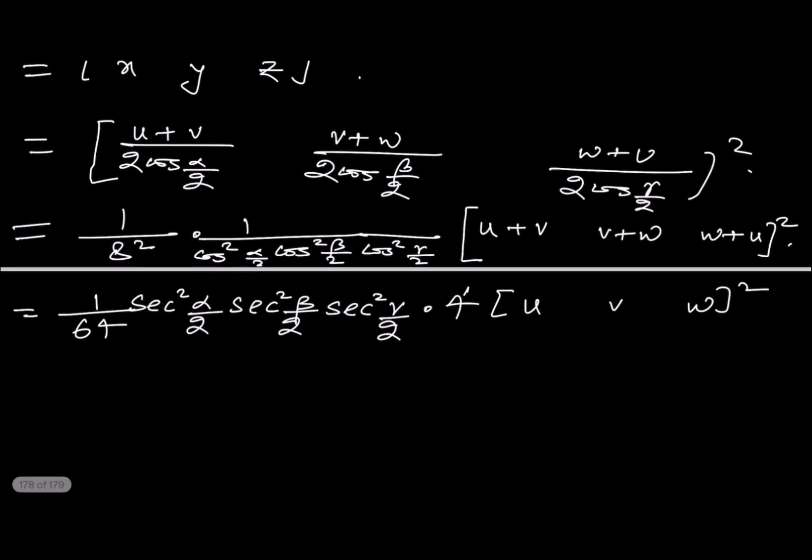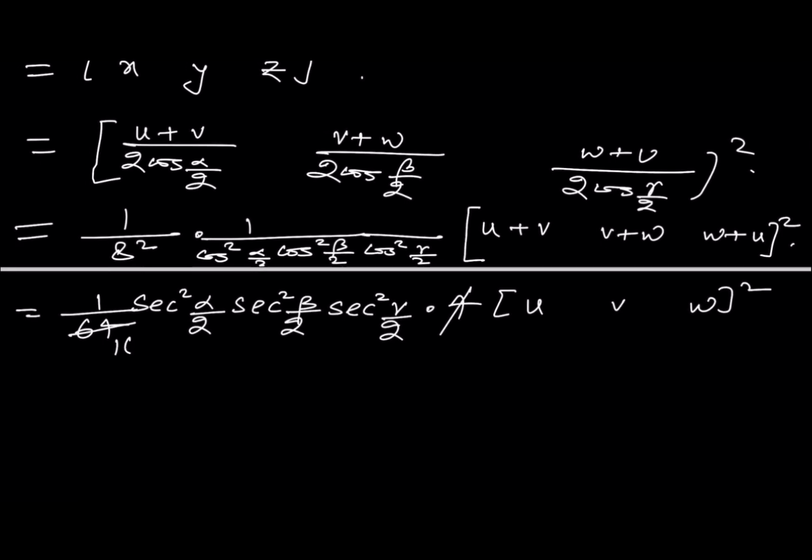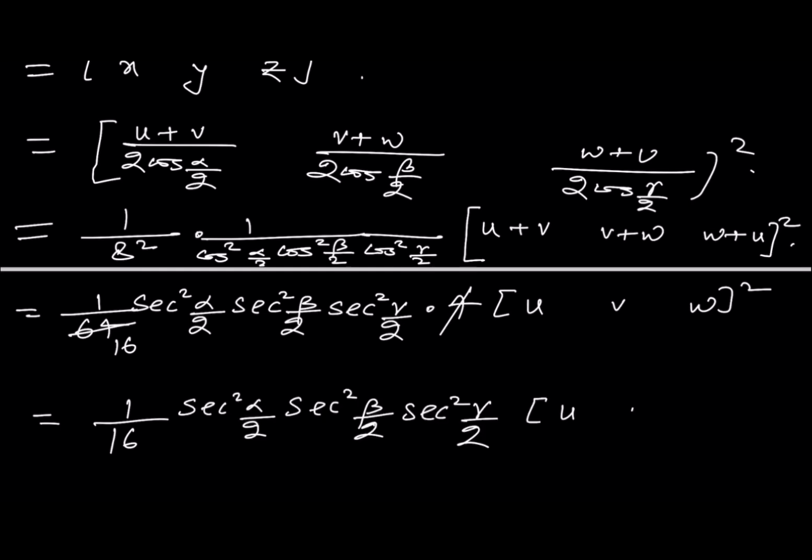Okay, then 4 by 64 gives 1 by 16 sec square alpha by 2 sec square beta by 2 sec square gamma by 2, and box of u v w whole square, and this is the required RHS, hence proved.